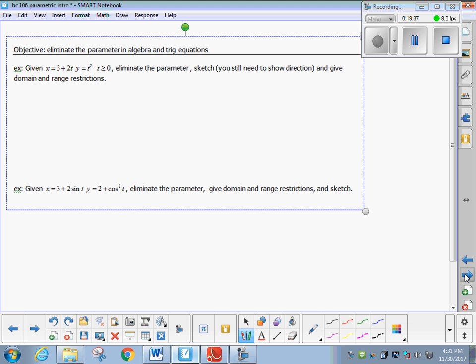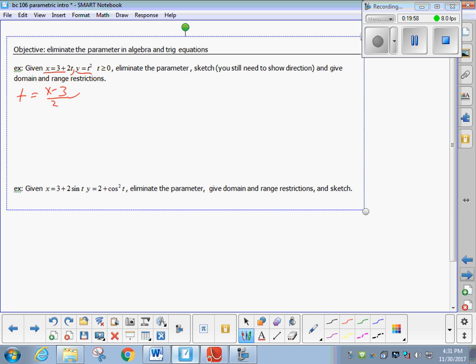Here we go. So I have two parametric equations, x equals 3 plus 2t and y equals t squared. When I want to eliminate the parameter, that means I want to take t out of the mix and relate x to y directly. So if I were to solve the first equation for t, t is x minus 3 over 2.